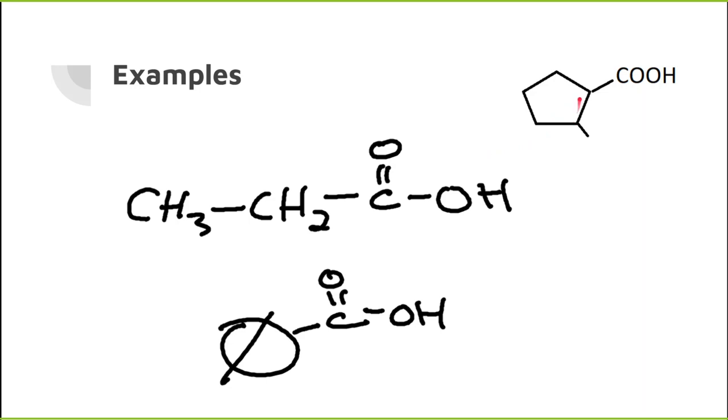It can be in a ring structure like this, with your carboxyl group off the side. There's also a methyl group here. And it can even be a benzene ring. Remember, this is my shorthand for benzene. So this is a benzene ring with a carboxyl group on the side.